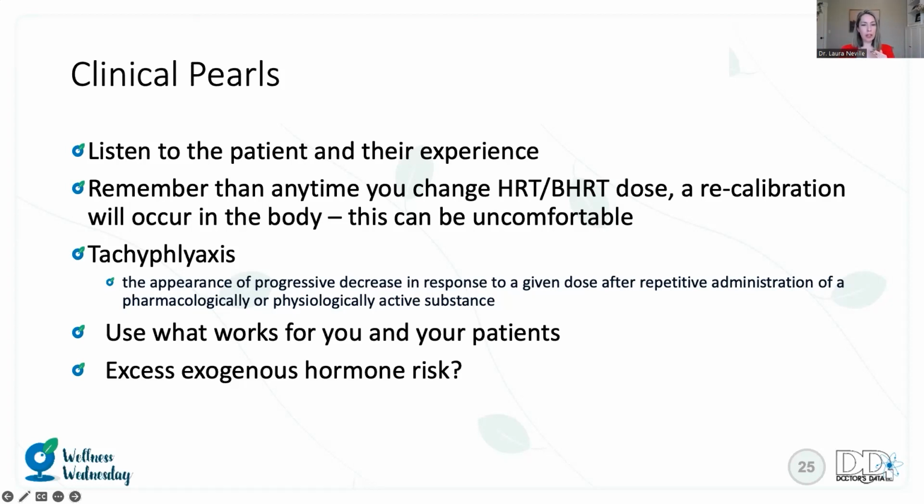Tachyphylaxis is something to think about when you have a level of hormone that you're giving and the patient wants more and more and more, and you push that and push that until the serum levels increase. And then you say, okay, great. And now the patient, after a period of time, feels like, hey, this worked right when I started it, but now every time we go higher, I'm looking for that same effect and I'm not getting it. And that's tachyphylaxis, right?